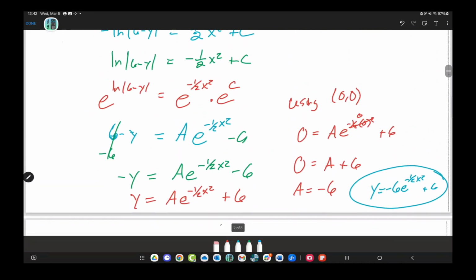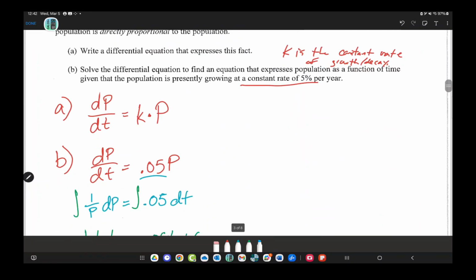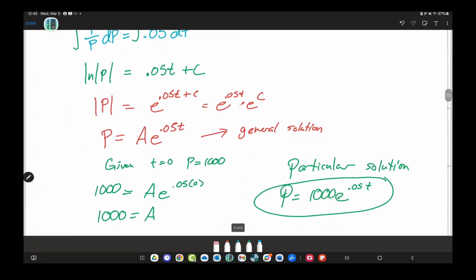So here we had that 6. They gave me 0, 0. It doesn't mean A is 0, because I had that 6, I had a different value for A. Here, anytime I don't have a constant being added to my exponential function, your initial value is your A. Usually they write it as A sub 0 as your initial value.